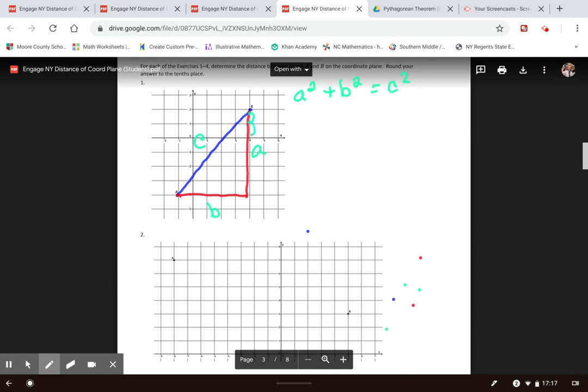So 1, 2, 3, 4, 5, 6. 1, 2, 3, 4, 5. So 6 times 6 is 36. 5 times 5 is 25. So 36 plus 25 is 61. So then let's find the square root of both sides.